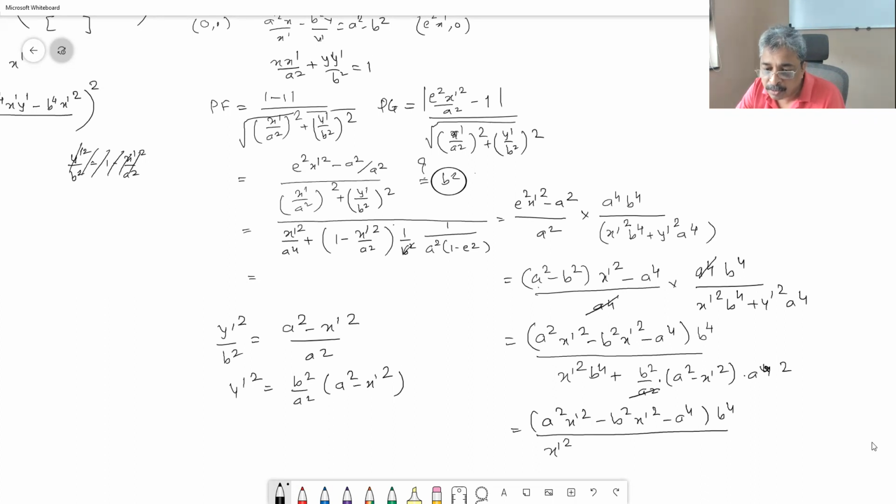I can take out b square common, x dash square b square plus a square plus a fourth, b square is taken out common, minus a square x dash square. Correct?